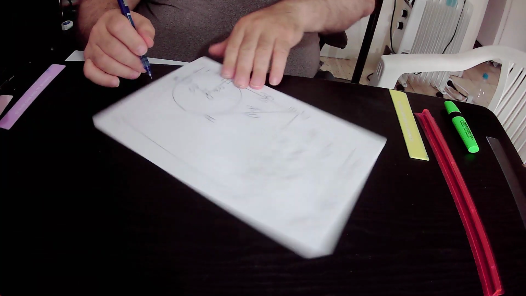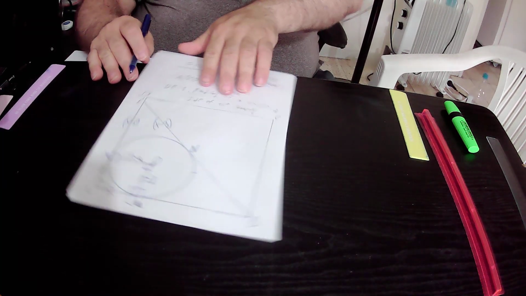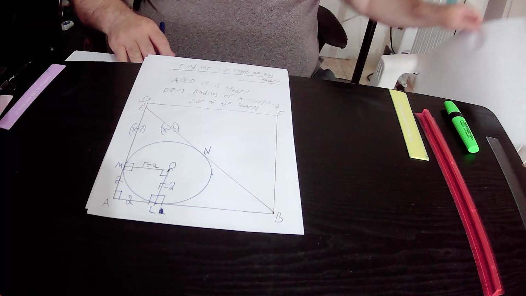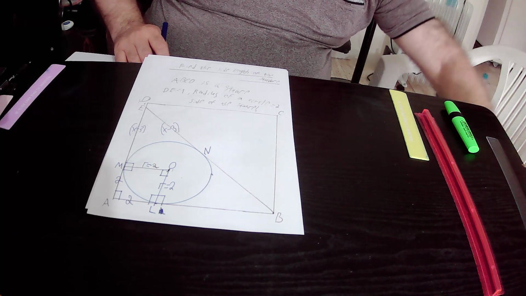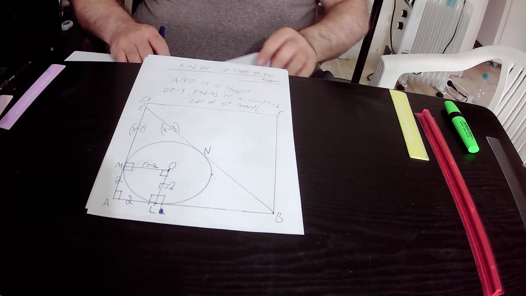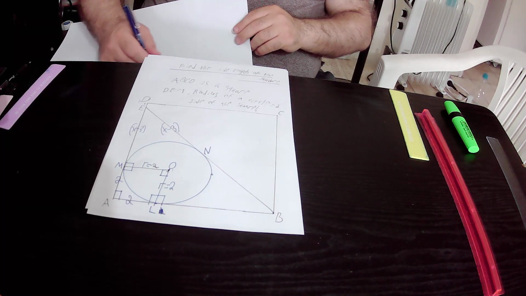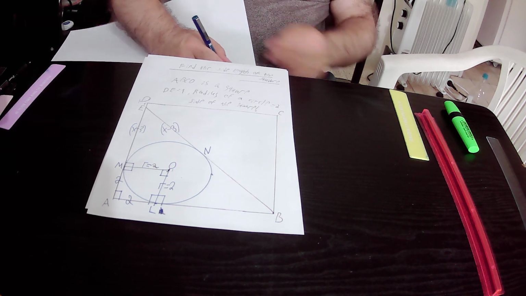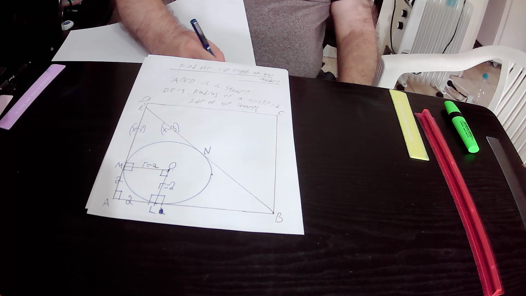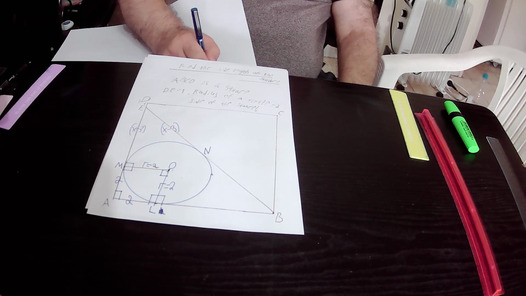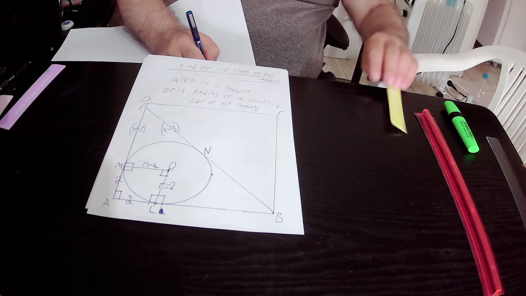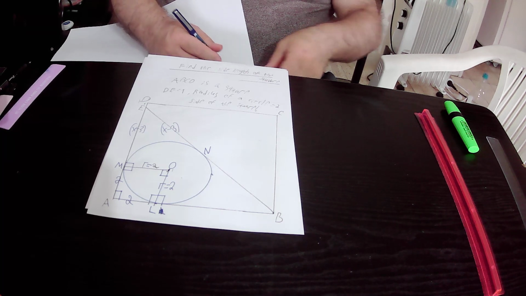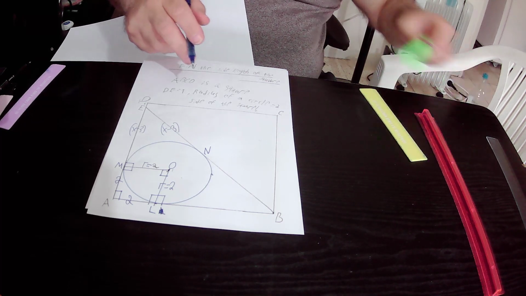In the next step, we will focus on the common external point B. From the common external point B, we have two tangents to this circle.